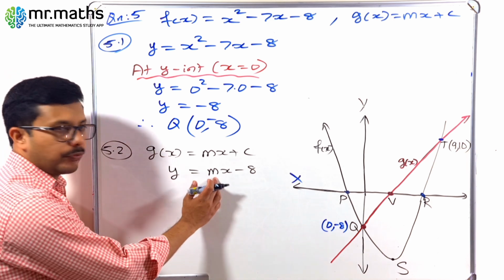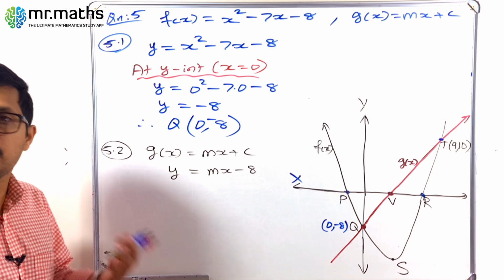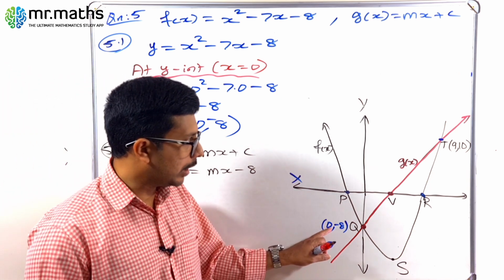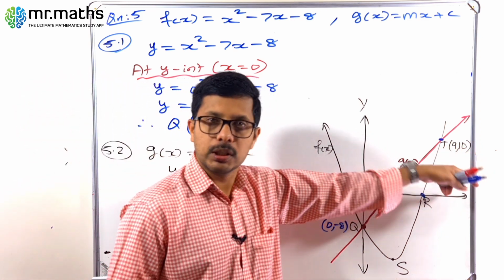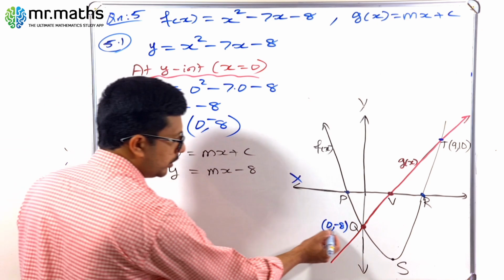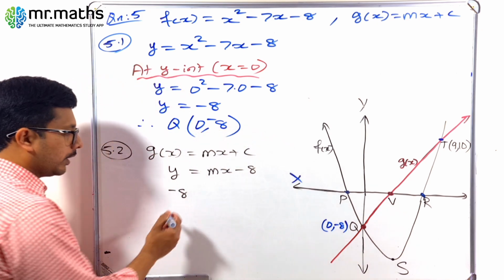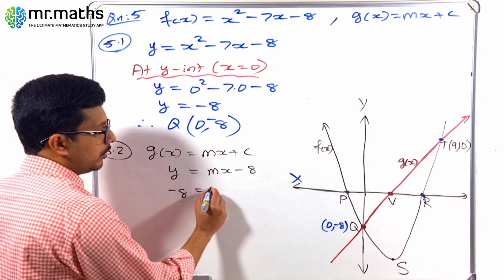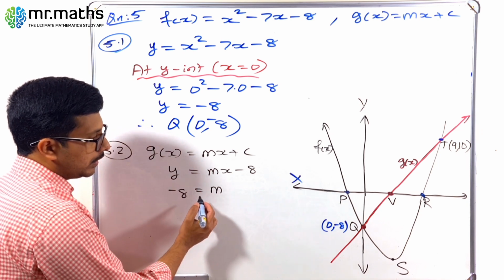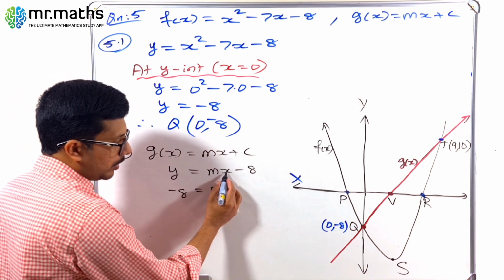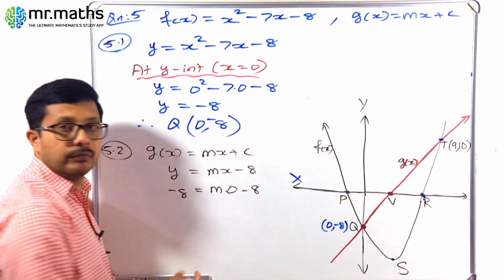Now you have to find the value of m. How can you find the value of m, guys? Just substitute any point. Let me substitute the same point (0, -8), or there is another point (9, 10), you can substitute that point also. That point is also a point on g of x. Oh, okay, we can't substitute (0, -8) because we have to find m, and if I substitute x as 0, this is going to be 0 minus 8, then we can't find m.